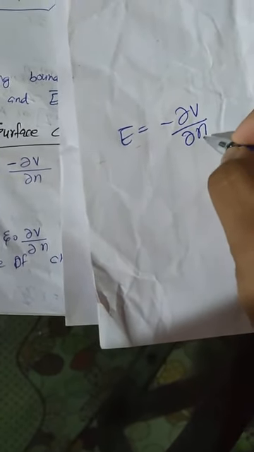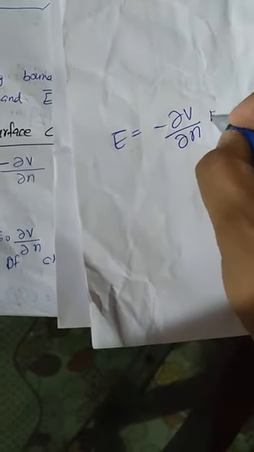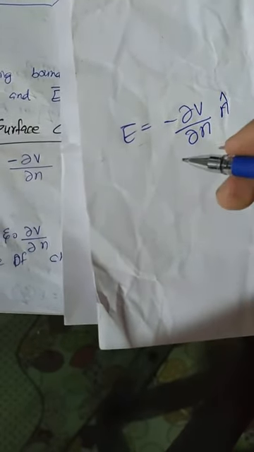So we all know the relation between the electric field and the potential. The electric field is E equal to minus dou V by dou N, where N is the distance that we have taken, and along this N cap we feel the electrical field.